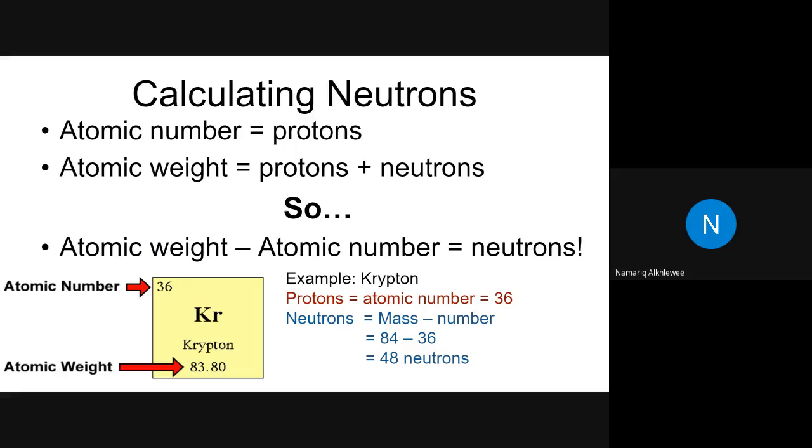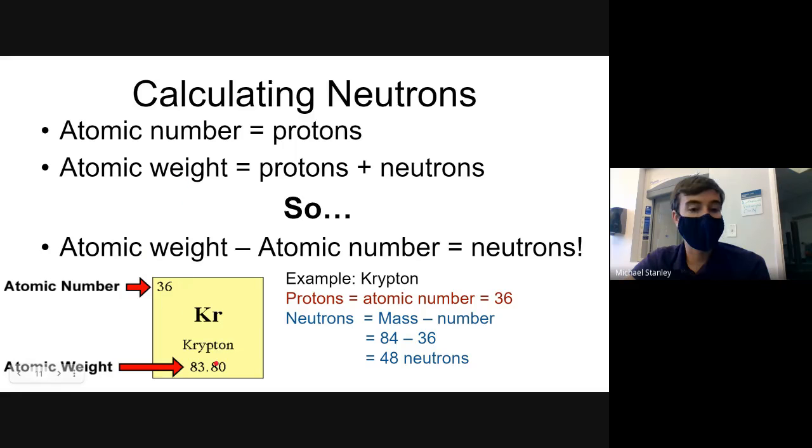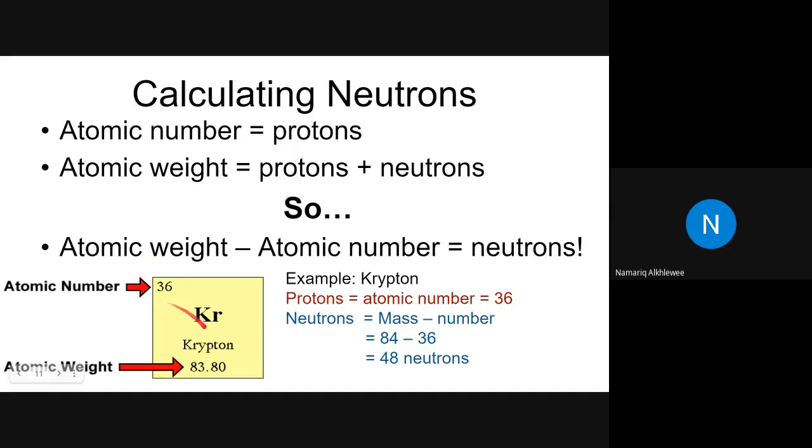About the mass plus the number: the mass plus the number doesn't really equal anything. That doesn't mean anything about neutrons.